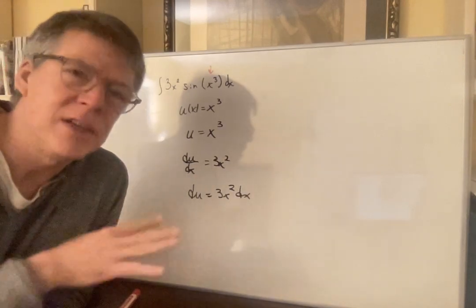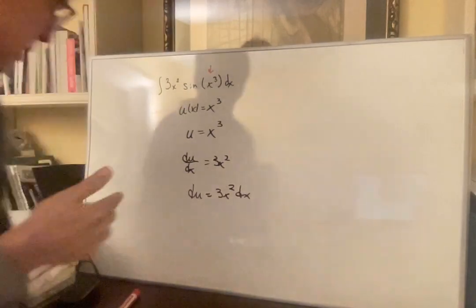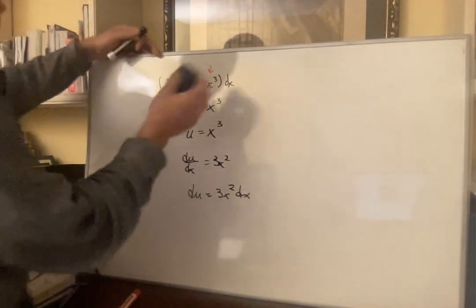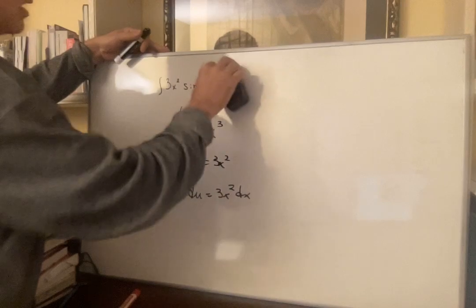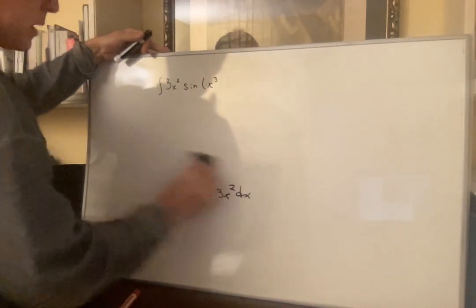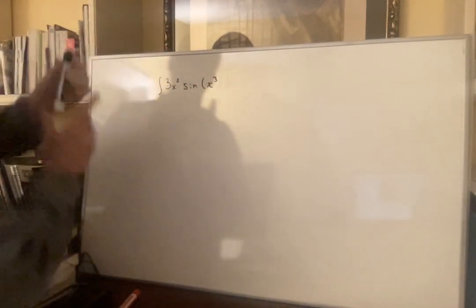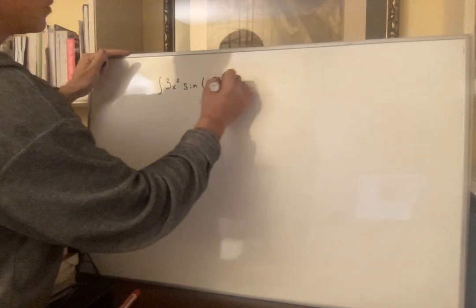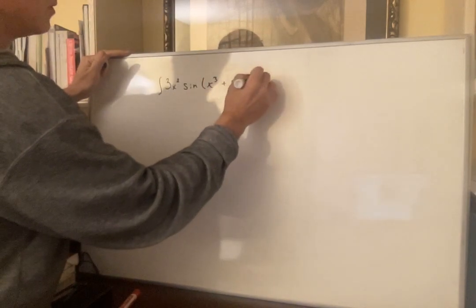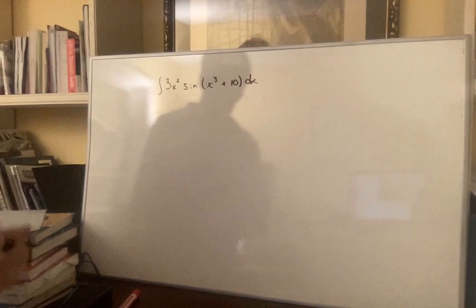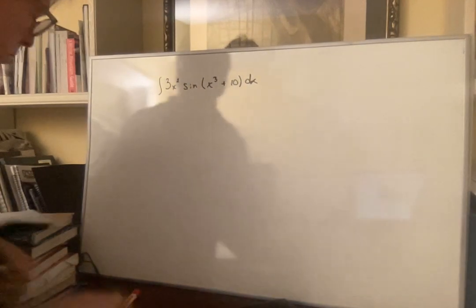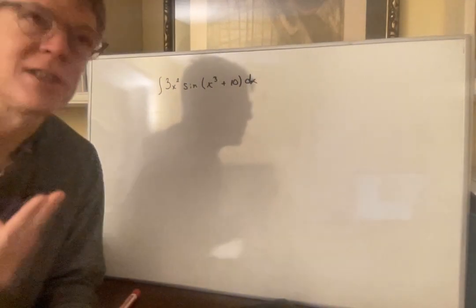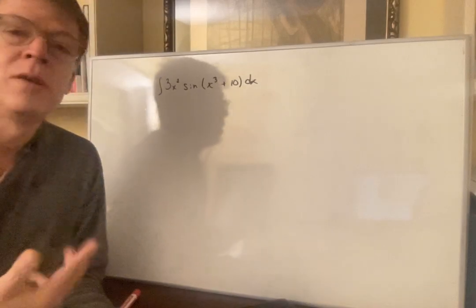Can I just give you a couple more examples, though? Let's say I have basically the same function. I'm just going to do one thing. Let's say it's x squared plus 10. What is my u? If you remember, what's your u?